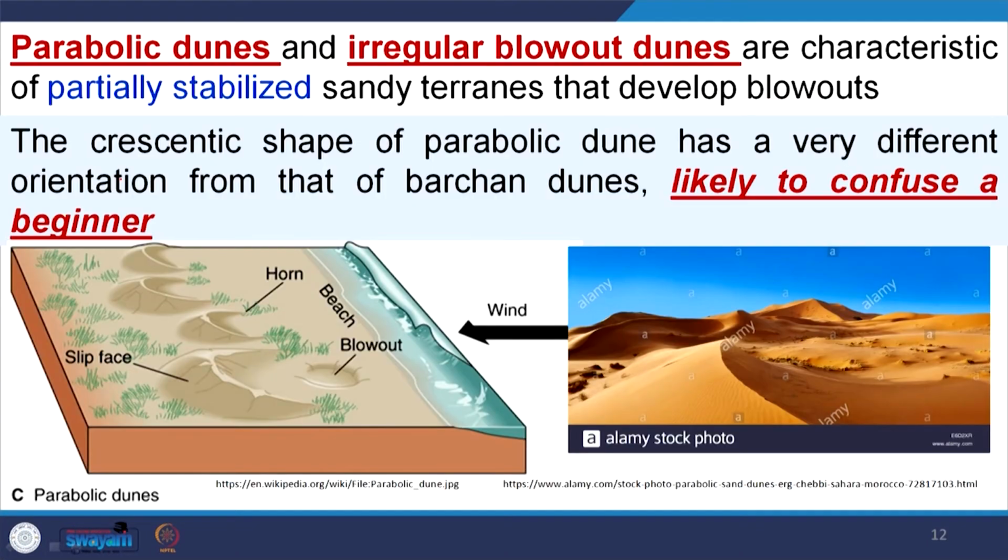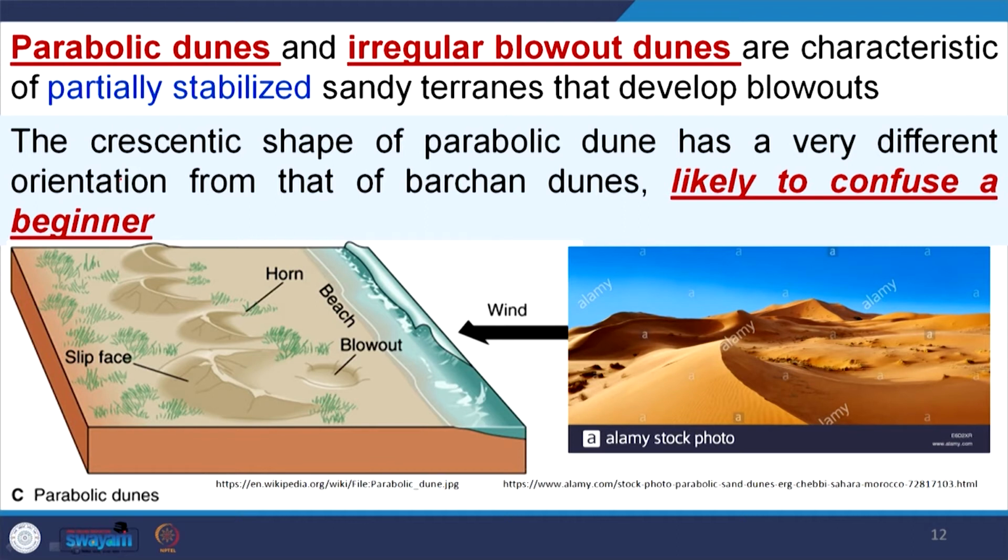Then comes another type of dune, that is called the parabolic dune. In the other types of dune, the longitudinal dunes and the transverse dune, the barkhan, or transverse barkhan, is a part of this transverse dune. In that case the barkhan in this transverse dune was hindered to a certain extent by vegetation or some obstacles.